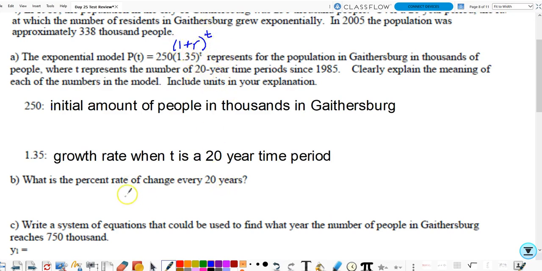So 1 plus r equals 1.35. Solving for r, which is the percent, r is 0.35, which is 35%.